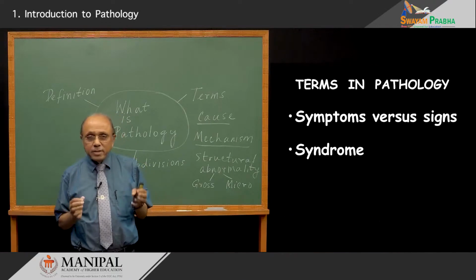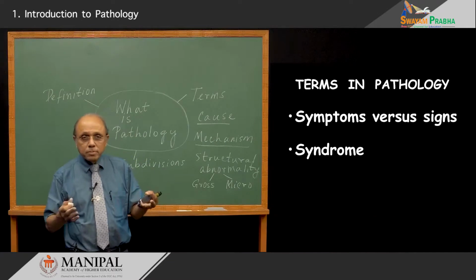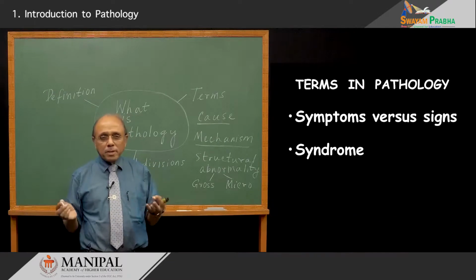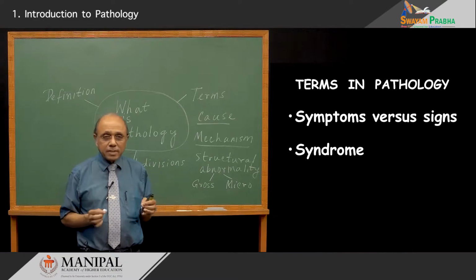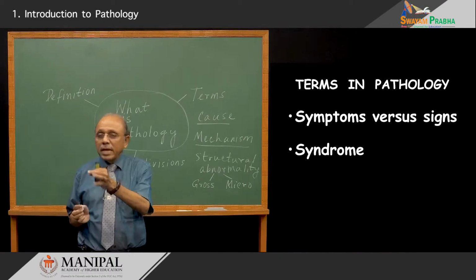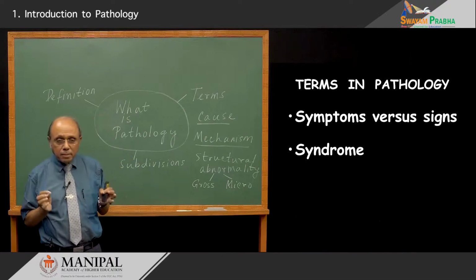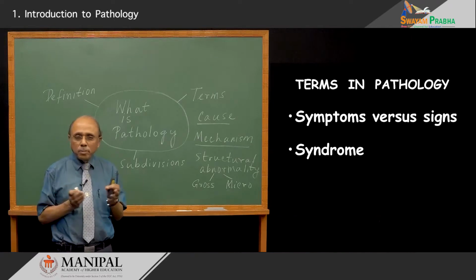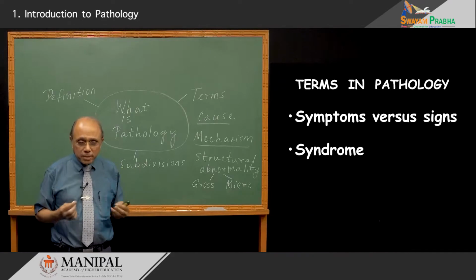Basically, remember, a syndrome will be a collection of symptoms and signs, maybe 2 symptoms, 3 signs or 2 signs, 4 symptoms, whatever, sometimes just 1 symptom and 1 sign, but they are quite characteristic and make that disease nameable. You are able to give a particular condition a name because there are certain symptoms and signs, and there are so many syndromes. I think medicine is replete with so many syndromes.